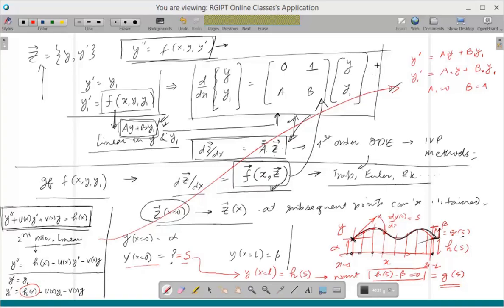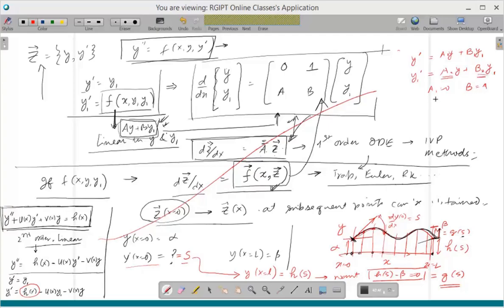That will not make a big difference. So I will have u of x y1 minus v of x y, which fits in over here, with a2 being minus v of x and b2 being minus u of x.